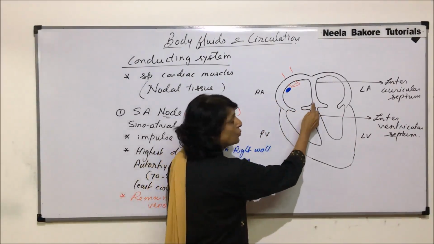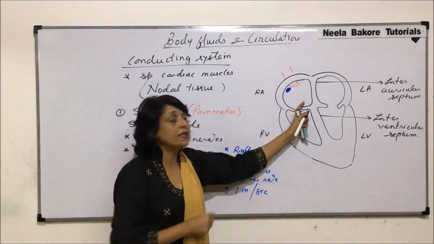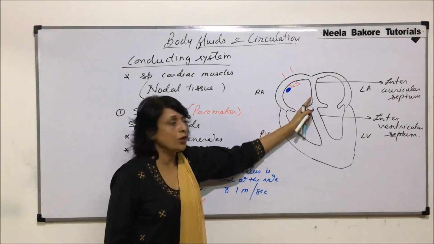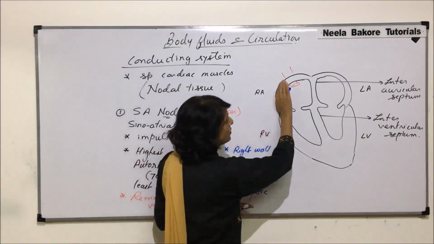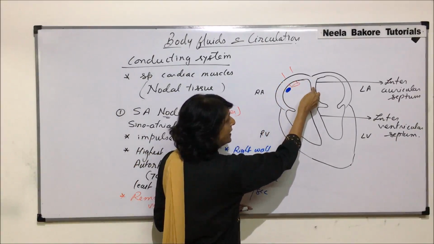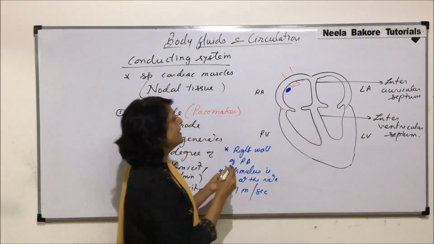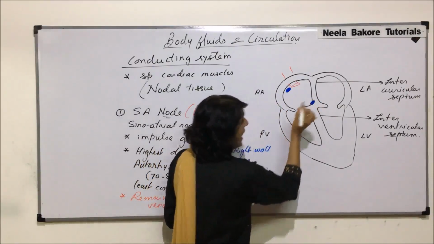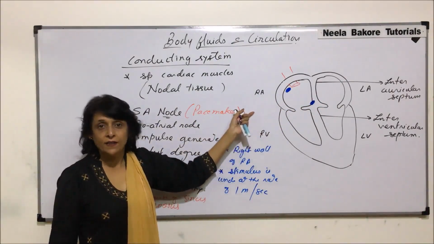Now that other tissue is again on the wall of the right atrium, but near the junction of the interauricular and interventricular septum. If we visualize that this is the compartment, then somewhere between the interauricular and interventricular septum, slightly on the right hand side, is another tissue. This is known as the AV node.